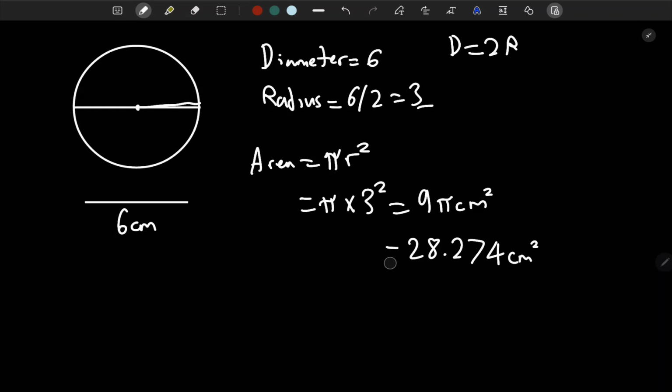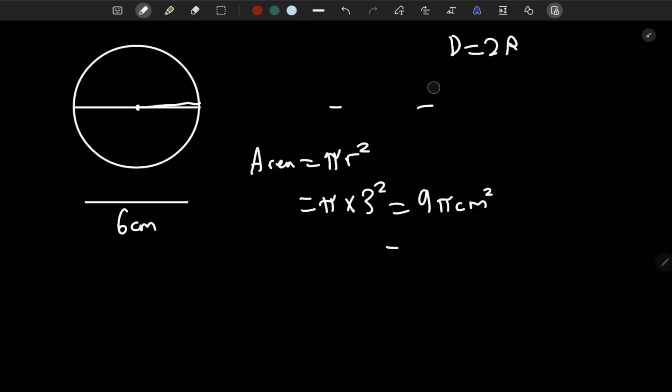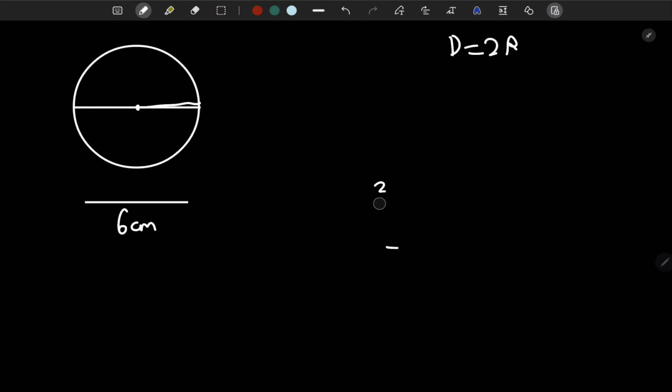So that's it. Now how do we find the perimeter? How do we find the distance around the circle? There is a formula for the perimeter of a circle, which is called the circumference, and that is 2 pi r.